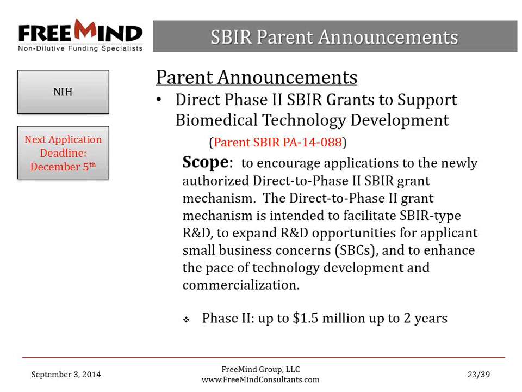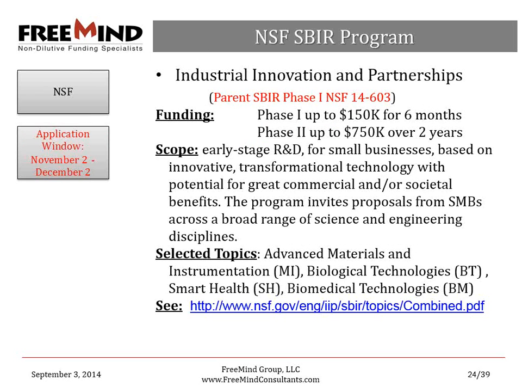Here we see an NSF SBIR Phase 1 solicitation. NSF 14-603 by the Directorate for Engineering, Industrial Innovation, and Partnerships. The R&D should be based on innovative, transformational technology with potential for great commercial and/or societal benefits. The program invites proposals from small businesses across a broad range of science and engineering disciplines.